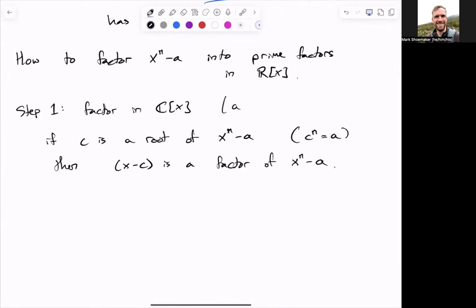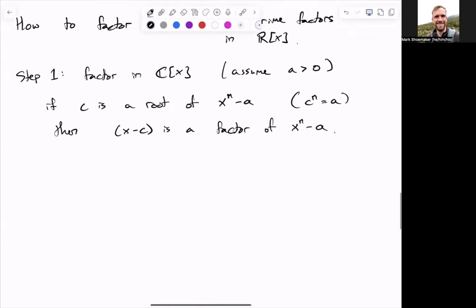Here, again, let's assume that a is a real number greater than 0. So every nth root of a gives me a factor of this polynomial. There's exactly n nth roots, which means I have exactly n factors.